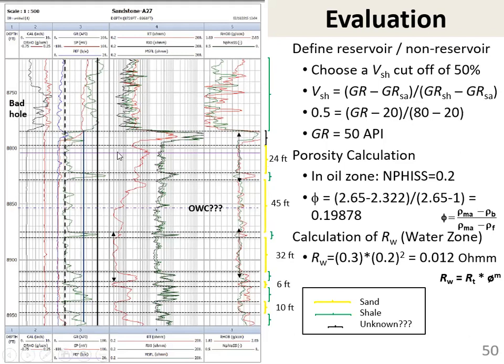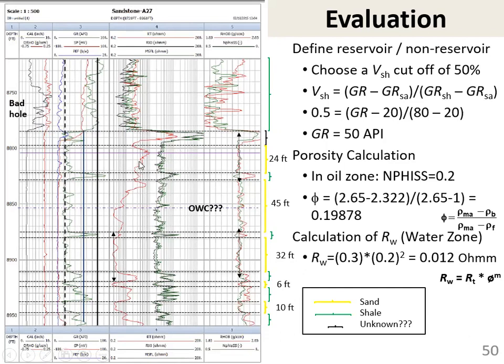So we've established that within this zone, from about 7,855 to just a little above 8,800, this is non-reservoir rock.